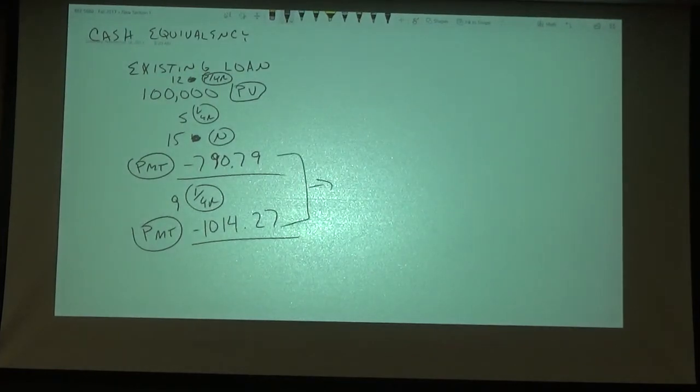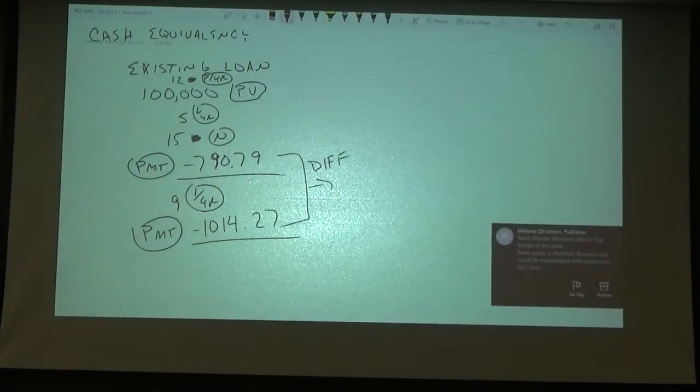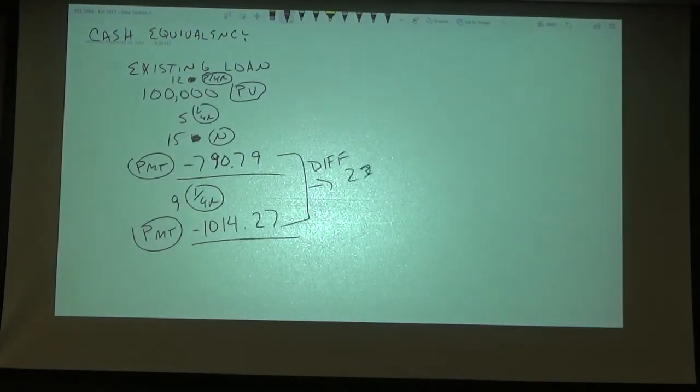Okay, so the difference between these two, $223.48, all right.